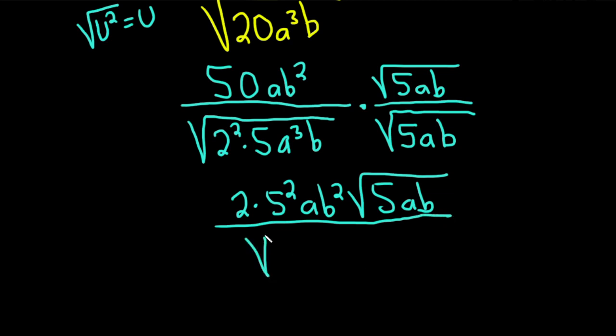And then on the bottom we have, let's see, we've got 2 squared, we've got 5 squared, we've got a to the 4th, which is a squared squared, and then b times b is b squared.